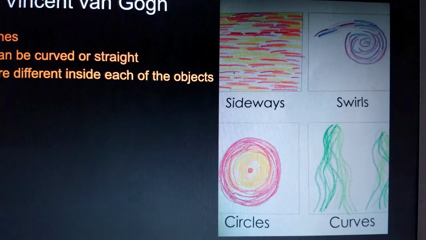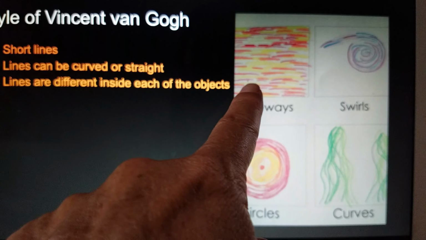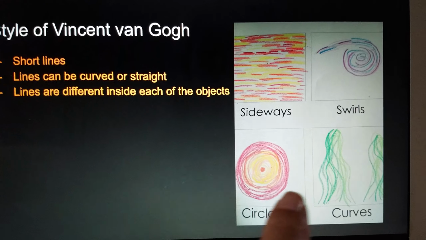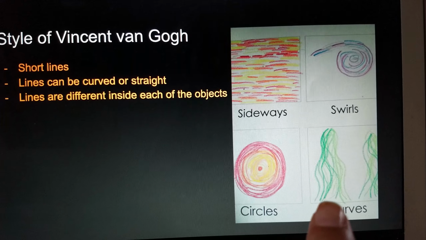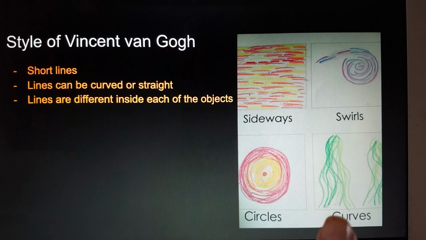All right, so let's take a breakdown of the kind of lines we see: horizontal sideways lines, swirly lines, the ones around the sun, like the circle, and some curvy lines that we might find in the trees, especially in that tree in Starry Night.